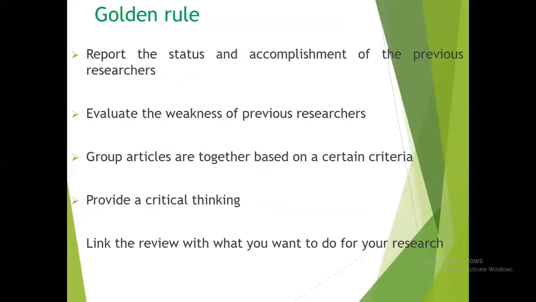Now, I have mentioned some of the golden points for the literature survey, and these are the things the researchers can remember. The first one is report the status and accomplishment of the previous researchers. It is really very vital, because literature survey research is completely based on other people's work related to that particular area.